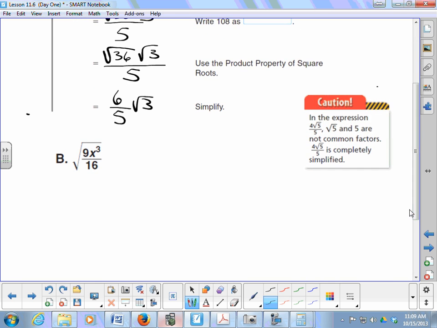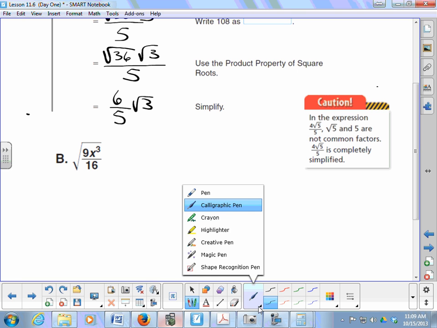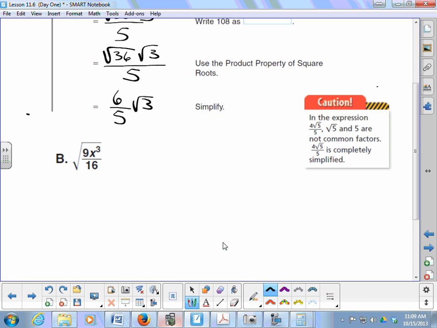All right, here we have a little caution over here. Throwing out the caution flag. It says in the expression 4 square roots of 5 over 5. All right. Big thing is that fraction bar goes under the whole thing. Okay? It's not this.